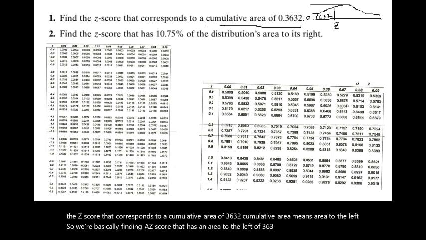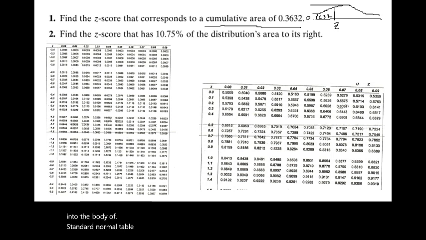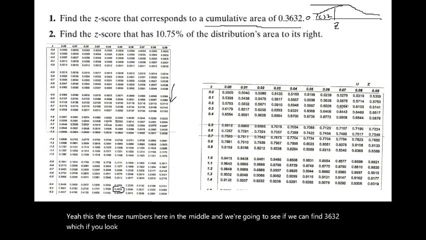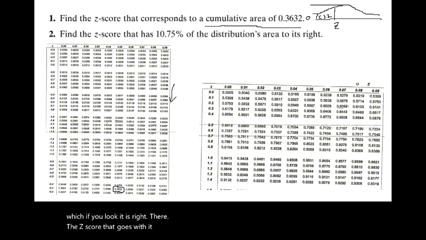We go into the body of the standard normal table, the numbers in the middle, and see if we can find 0.3632, which is right there. The z-score that goes with it is negative 0.35. So the z-score that has a cumulative area of 0.3632 is negative 0.35.